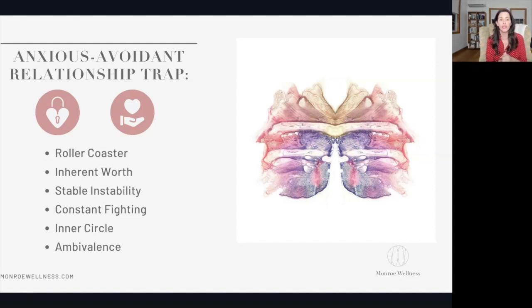Both people's inherent worth in the relationship, both the anxiously attached and the avoidantly attached, does not come from within. It comes from without.